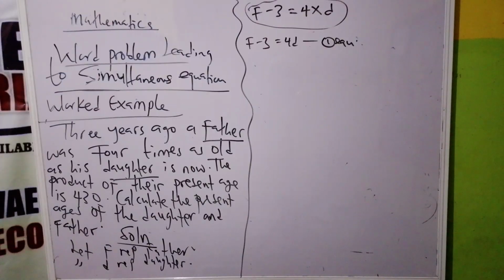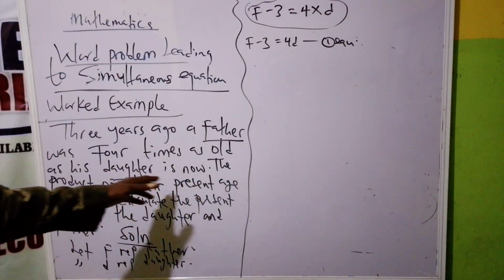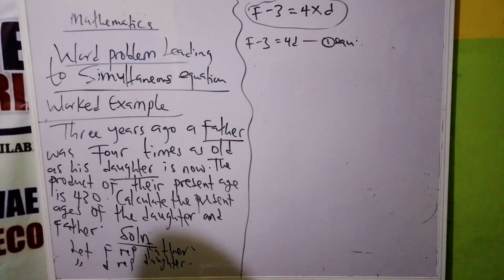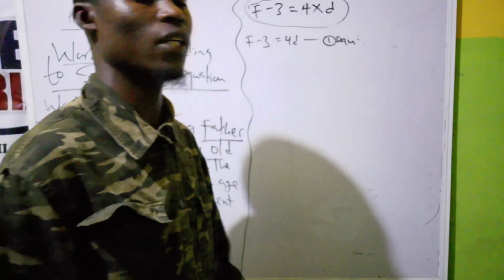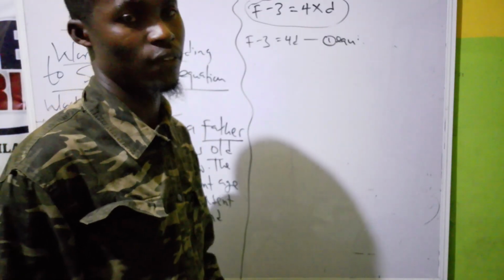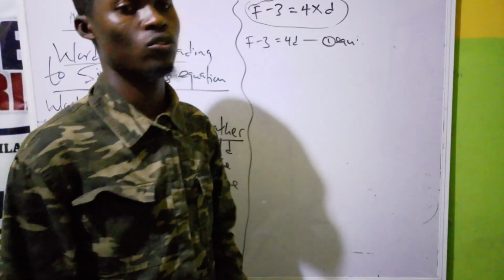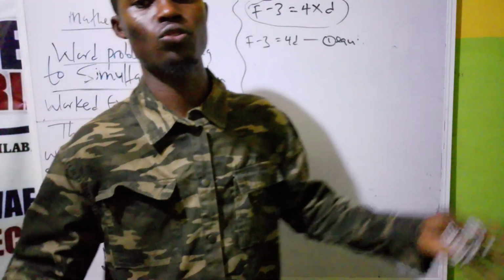Let's continue. It says the product of their present ages. We don't know their ages, so let's assume the age of the father is F years old, and the age of the daughter is D years old. When you talk about product, it means you are multiplying.